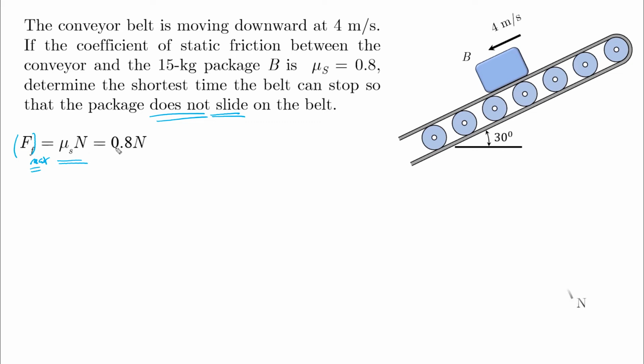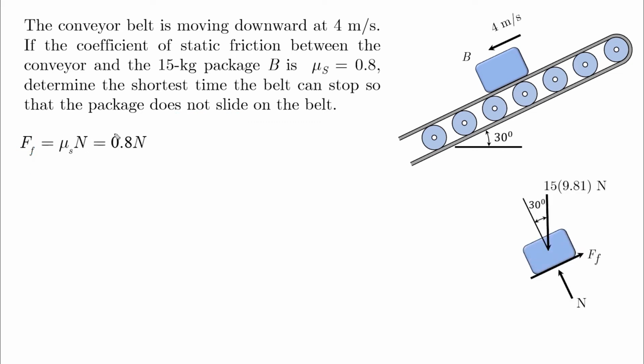So we have our free body diagram with the weight pointing down vertically. This angle is 30 degrees. So you can see from here, this is 30, and this is also 30, and this becomes also 30.